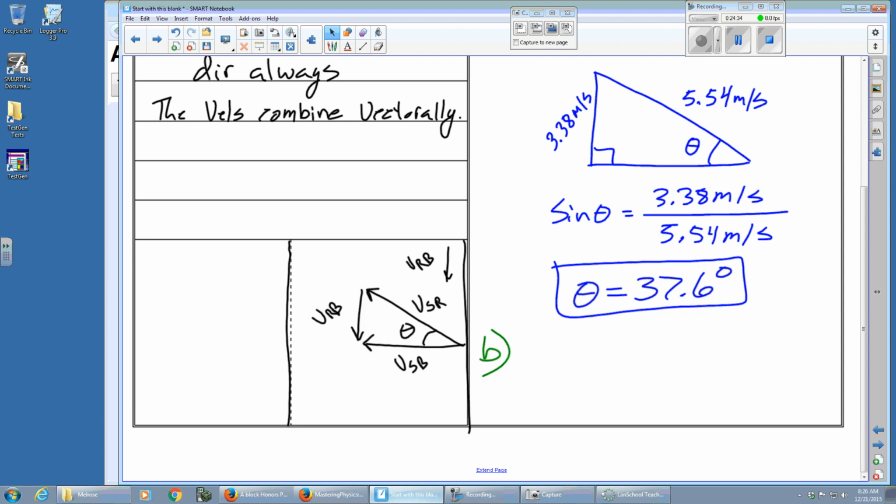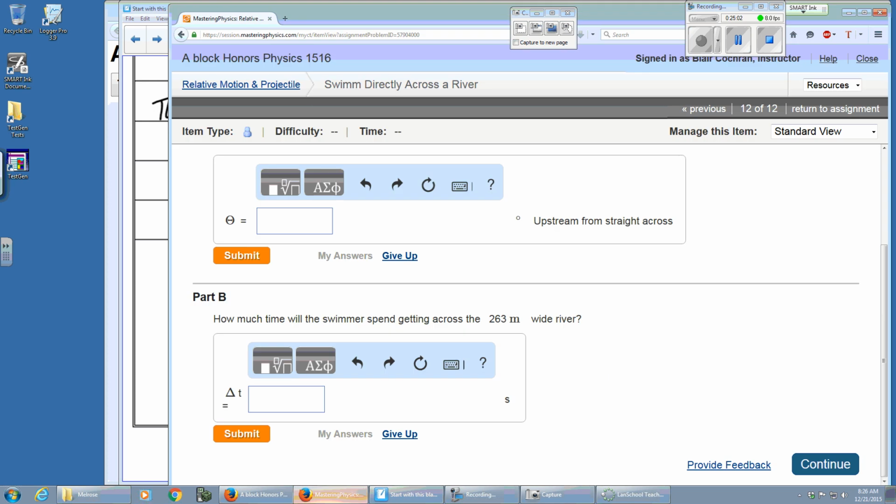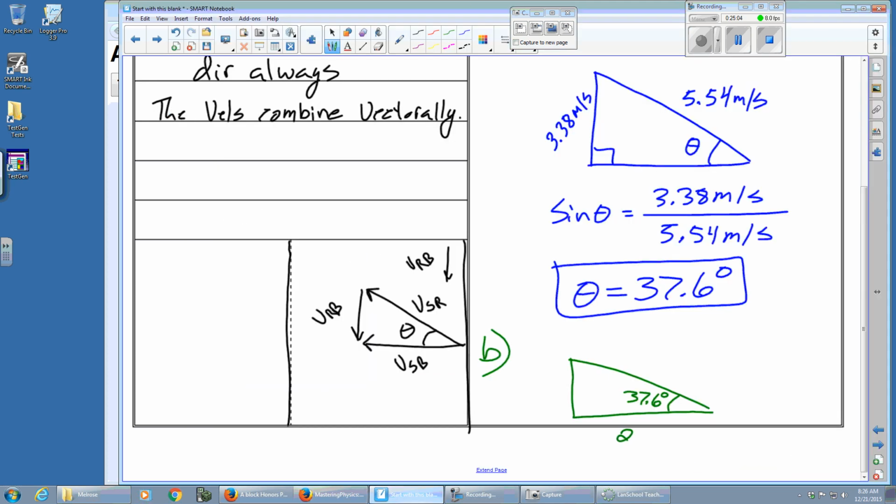I could draw an identical displacement triangle. And so I could use any of the displacements. They're all going to share a common time. The only one I know is the one directly across the river. But this is a similar triangle. So this is 37.6 degrees, and this base of it is 263 meters.